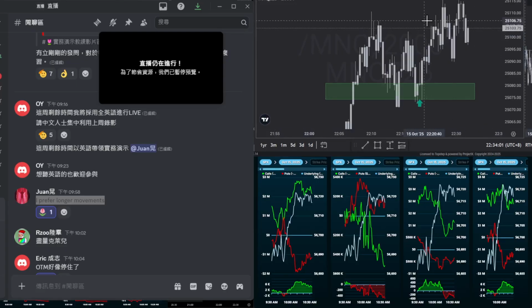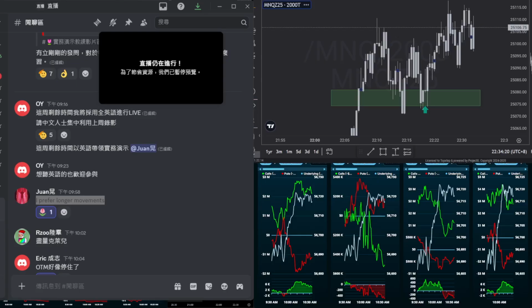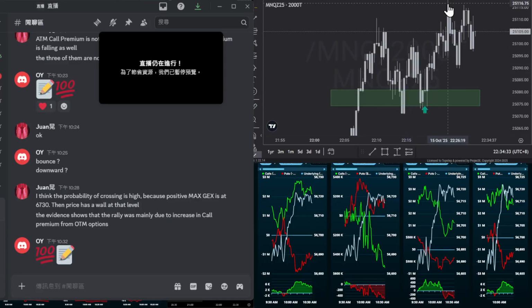If I switch the chart from 2000 tick to 100 tick, because right now it's 2000 tick, I will show you. Here is the 2000 tick chart, and we cannot say that is a long-term trade. It's not a long duration, right? But how about I switch the chart to 100 tick?